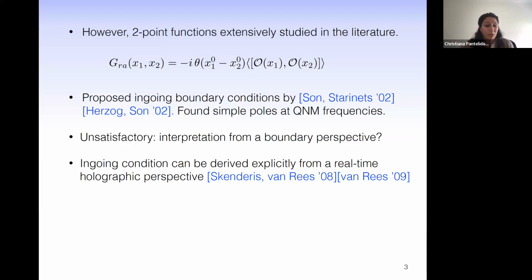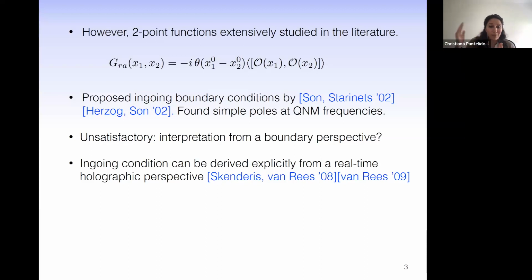So we have a universal behavior between black holes, written down in the form of quasinormal modes, and in this case, linear response correlation functions. But even though this prescription works and gives nice results, it's a little bit unsatisfactory. The reason is that we're doing essentially a mixture of things.